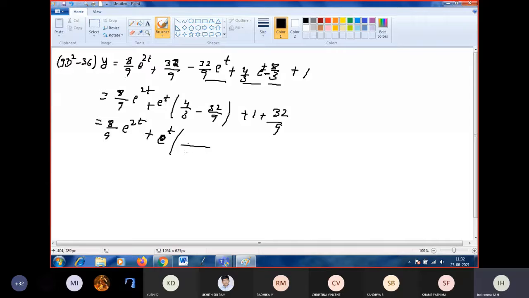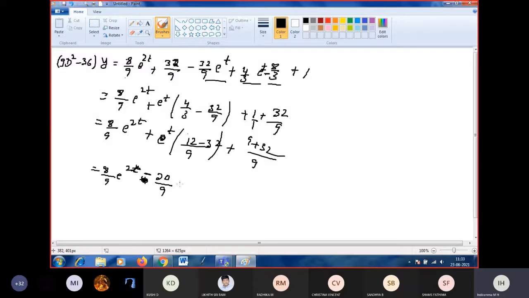What is the LCM for 3 and 9? 9. So 3 3s are 9, 3 4s are 12. 12 minus 32. Plus here also you take LCM. For 1 and 9, 9 is the LCM. So 9 plus 32. So therefore 8 by 9 e power 2t plus 12 minus 32, that is minus 20.